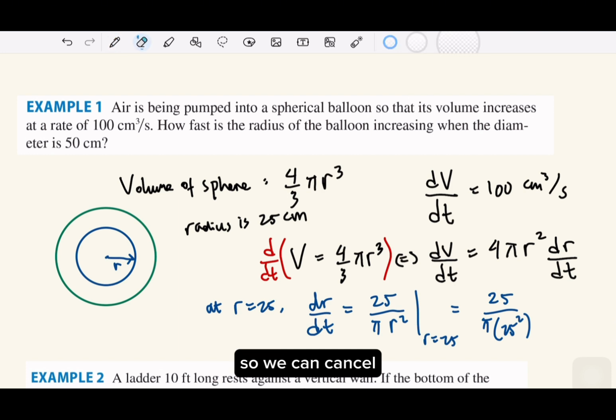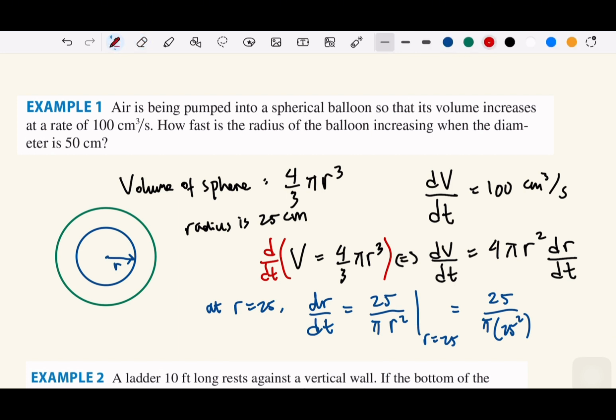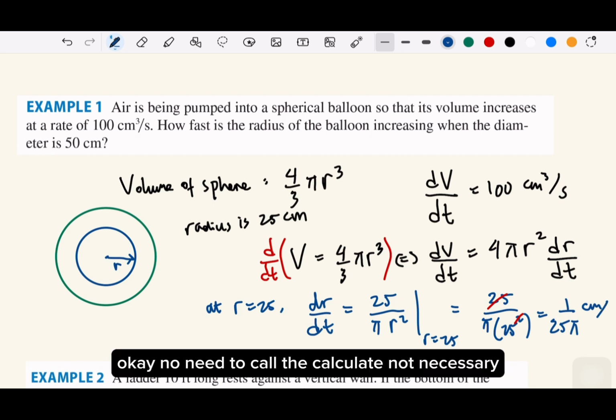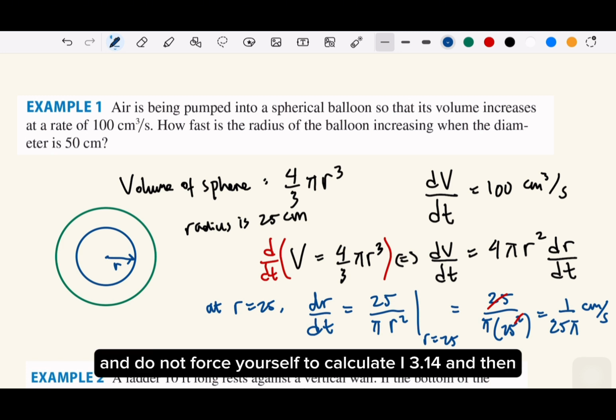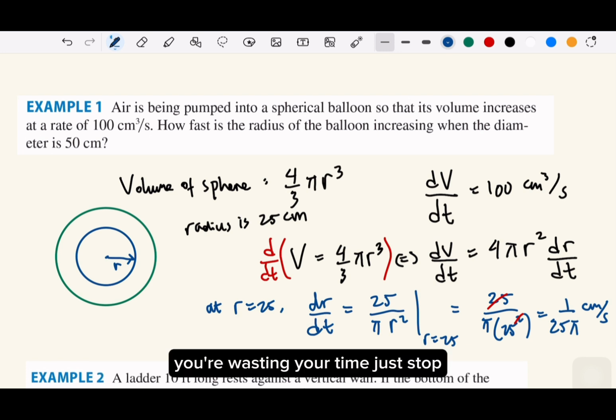So we can cancel, and it is 1 over 25 pi. No need to calculate. Do not force yourself to calculate pi as 3.14 and then you're wasting your time. Just stop there.